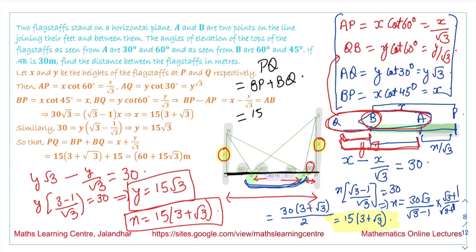X is 15 into 3 plus square root 3, plus 15. So on solving this we obtain 60 plus 15 root 3. So this is the distance between the two flagstaffs in meters.